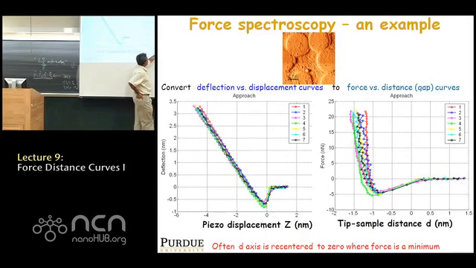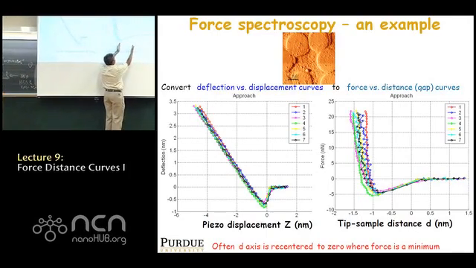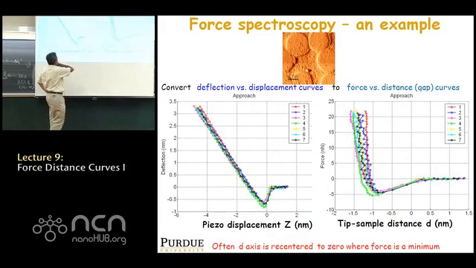F versus D is where all the physics is. Now, in reality, you do get some points in the forbidden region, because the AFM is acquiring data at all points, and you get some transient areas here. So the area between here is typically the inaccessible area, but this is how you get FD from FZ, okay?